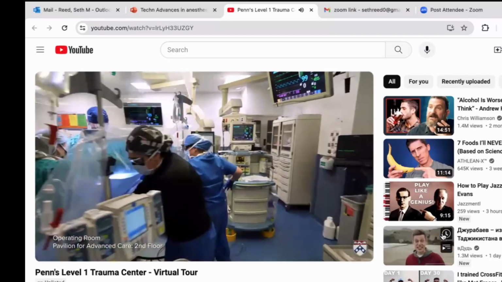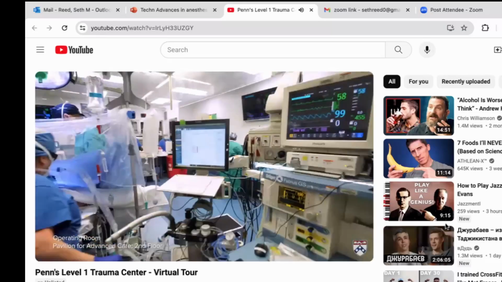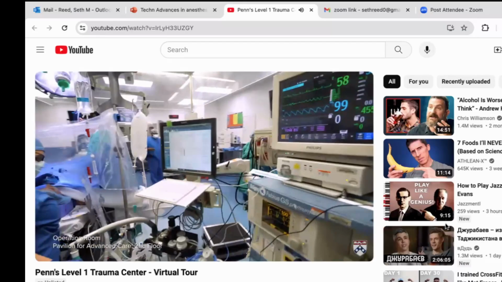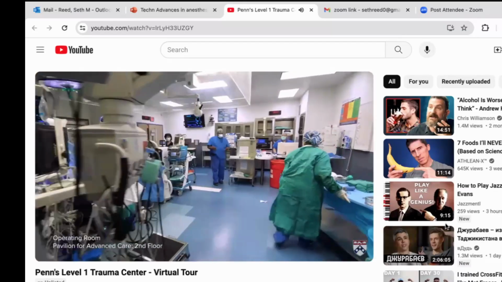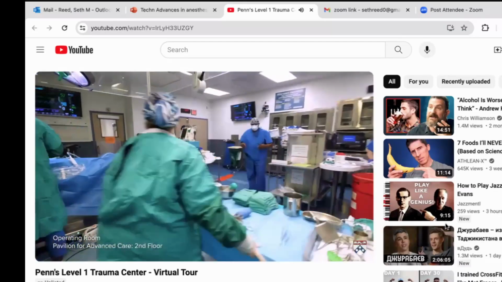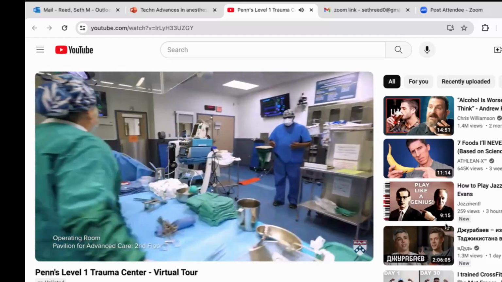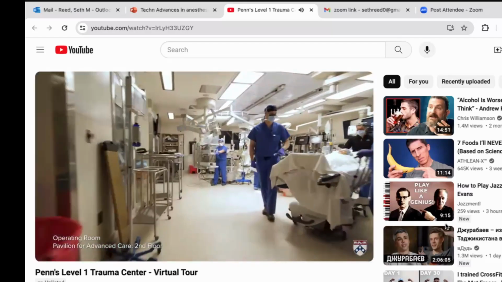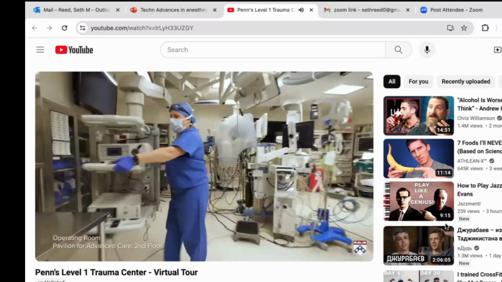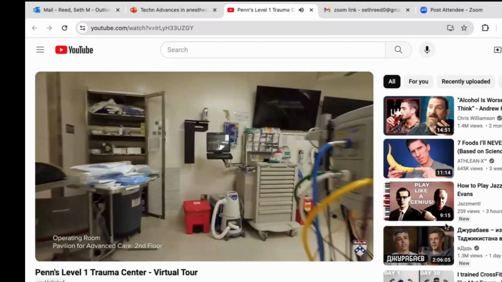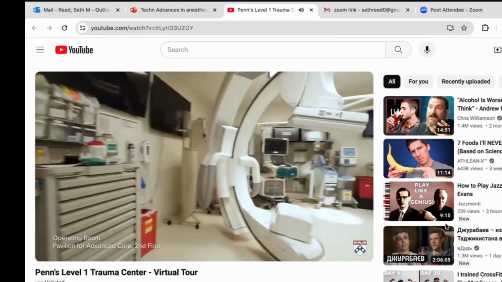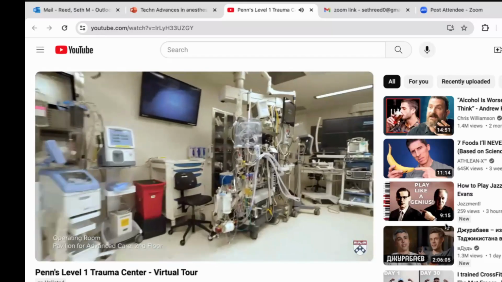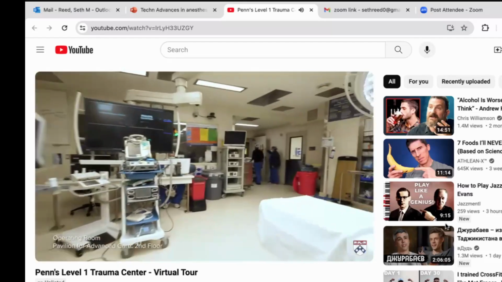The anesthesia providers are here at the top, ahead of the drape by the machine. This is one of the cardiac operating rooms. It has the ability to do x-rays with that device. That's a heart-lung machine.